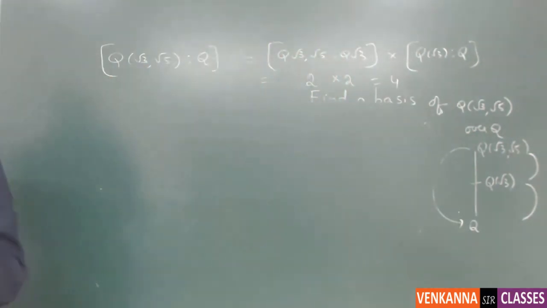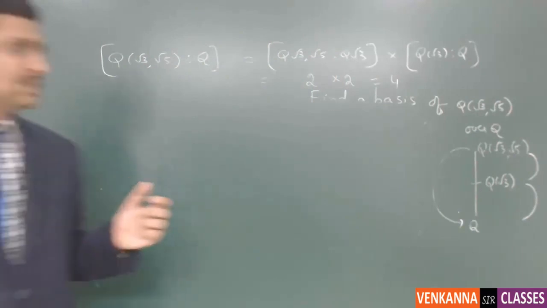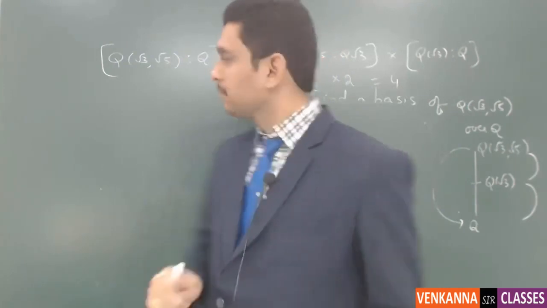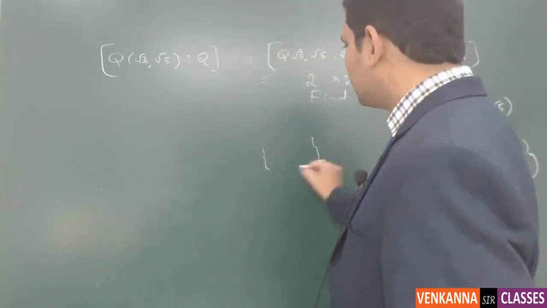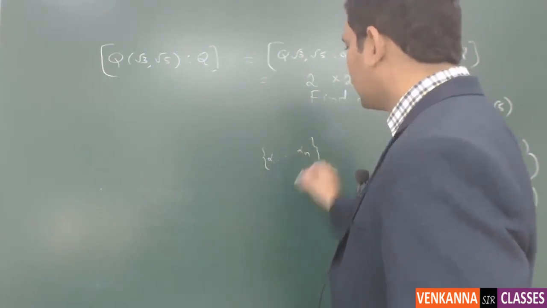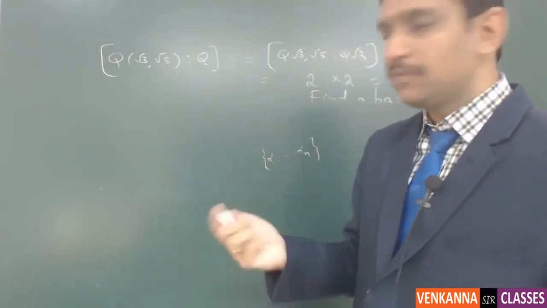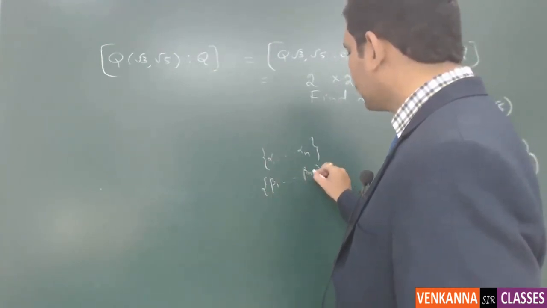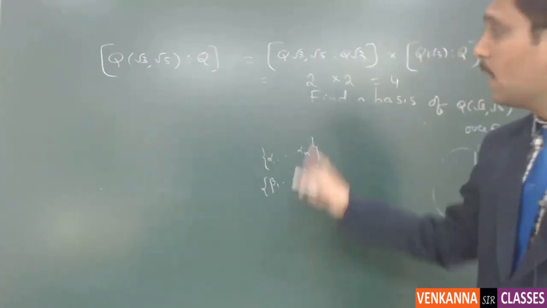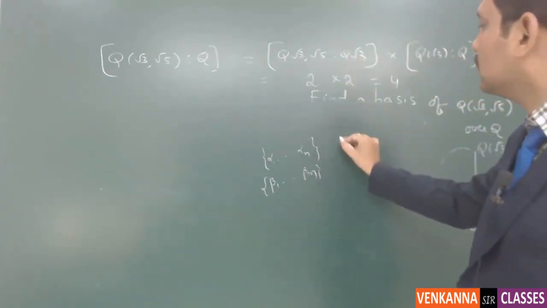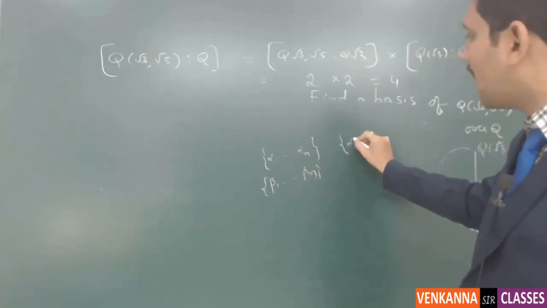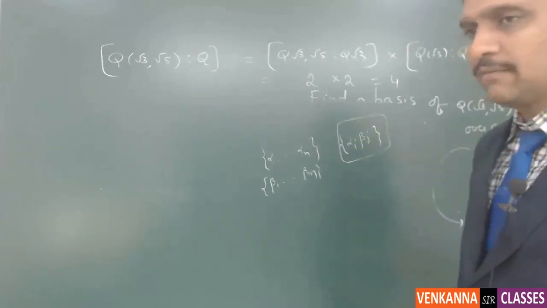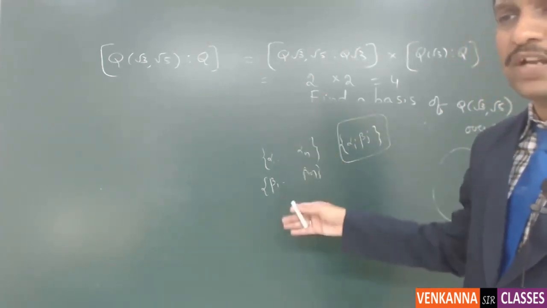Now, while calculating the basis, the technique here is, in the previous class, we did a problem that whenever you have a basis alpha 1, alpha 2, so on, alpha n for one vector space, and another basis beta 1, beta 2, so on, beta m for the other vector space, while considering the product set it is taken as alpha i beta j, and this will become the basis for the product set while proving the extension of vector spaces.